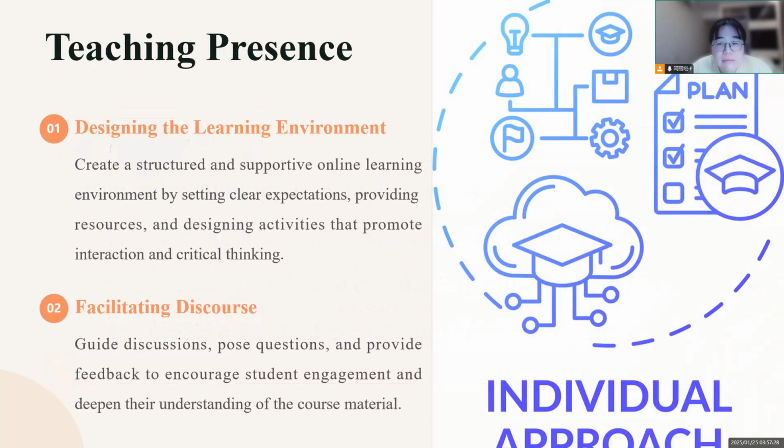The second is teaching presence. Teaching presence is the instructor's ability to design activities, guide learning, and provide feedback. It includes instructional design, facilitating discourse, and direct instruction.